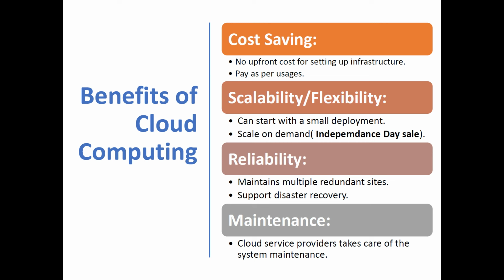Reliability, because cloud maintains multiple redundant sites. That means the data you store is stored in different locations, as duplicate copies. One copy is available on a Mumbai server, another is available in the US, and a third copy is available in Europe. Why? Because due to any natural calamity, any flood, any war situation or anything, unfortunately, if one location is down, my data is still safe.